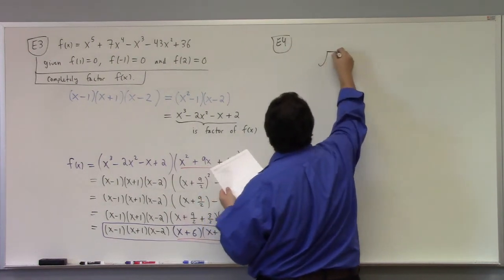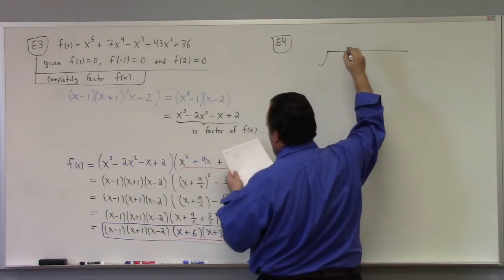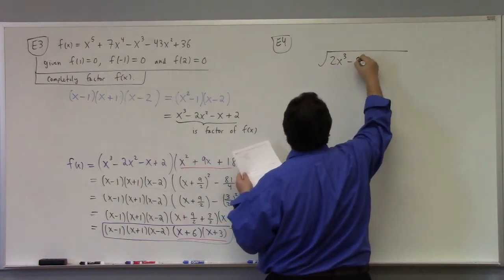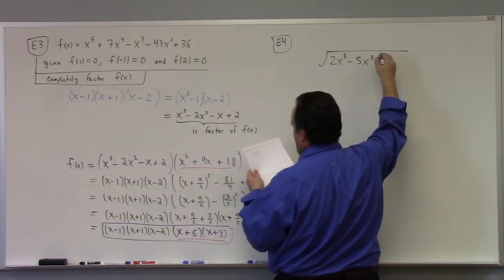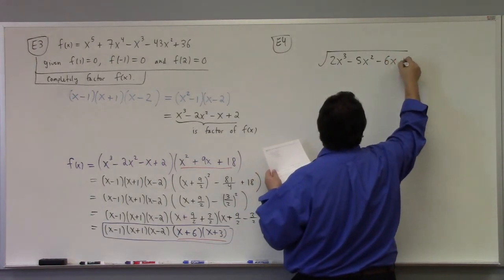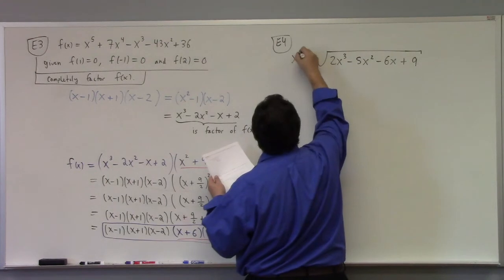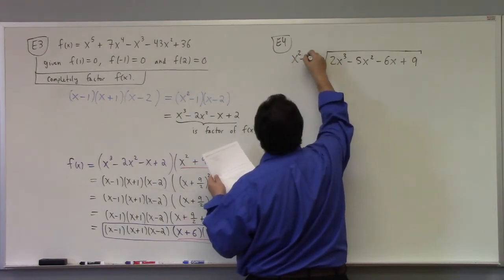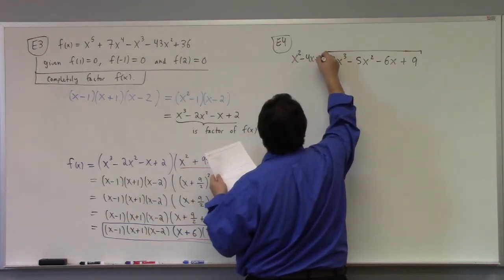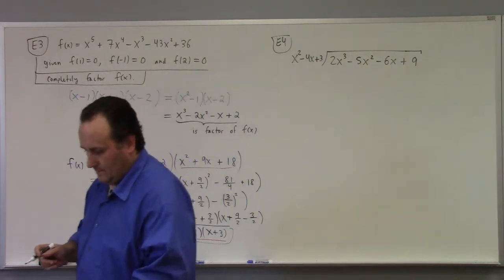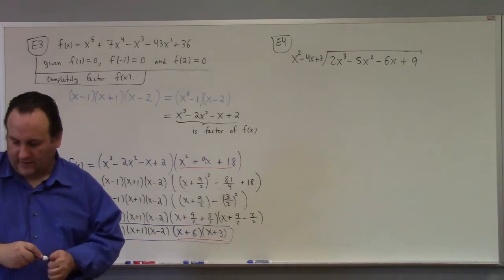So here I want to divide 2x cubed minus 5x squared minus 6x plus 9. I'm going to divide x squared minus 4x plus 3 into that thing, all right?